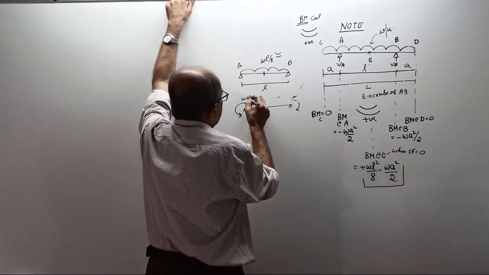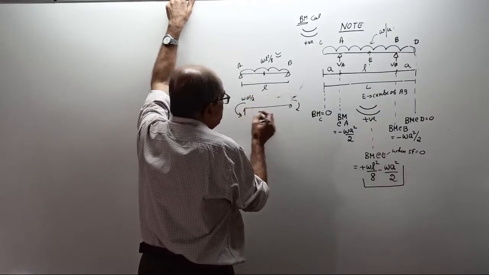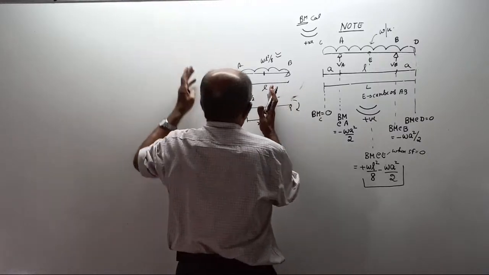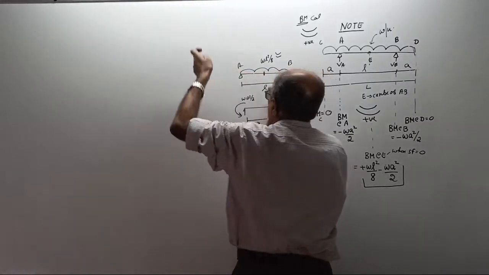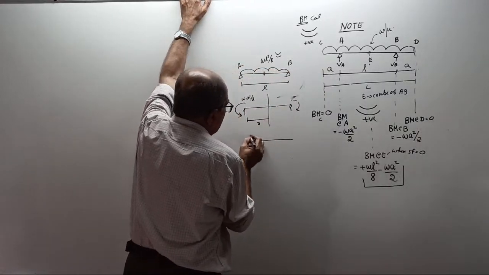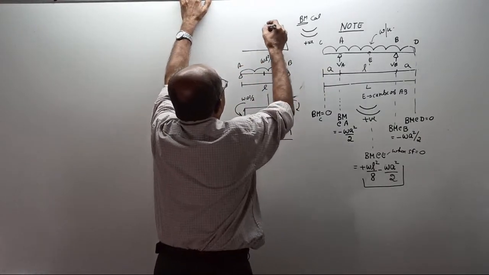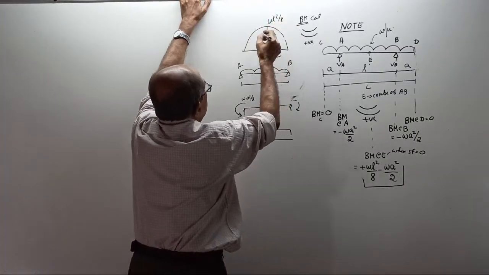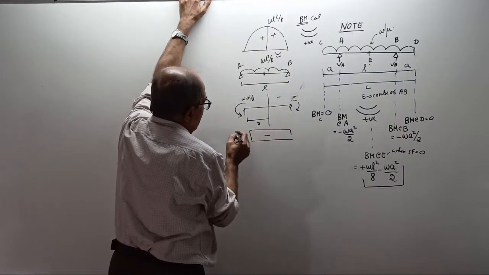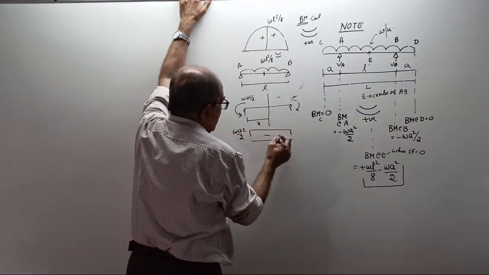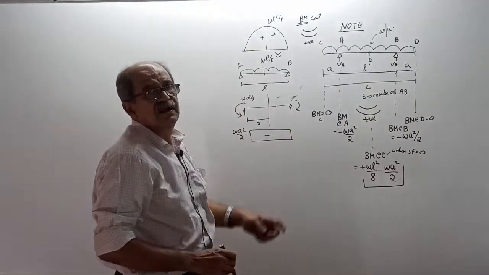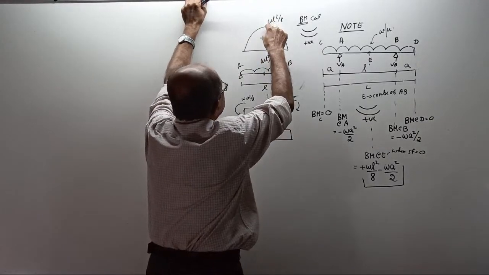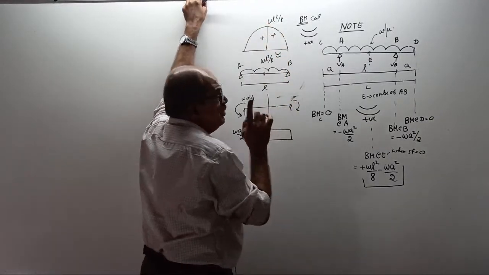For this one there is no reaction, so wherever you take a section, the bending moment equals minus WA square by 2, a rectangular variation. The other will be a parabolic variation: parabolic WL square by 8 positive, and rectangular WA square by 2 negative for the entire span. Therefore the real BM here is plus WL square by 8 minus WA square by 2.